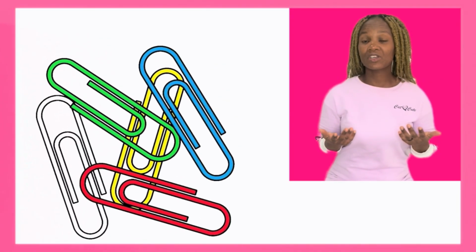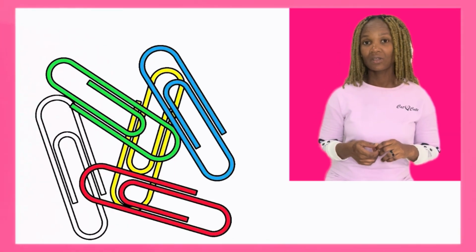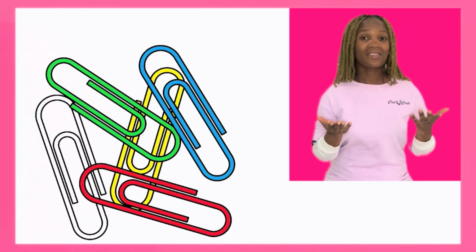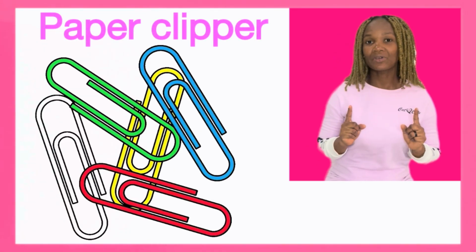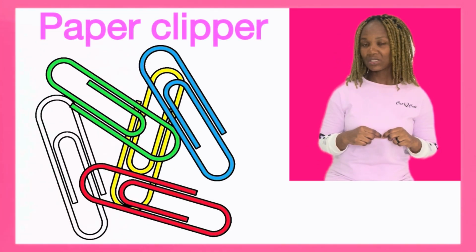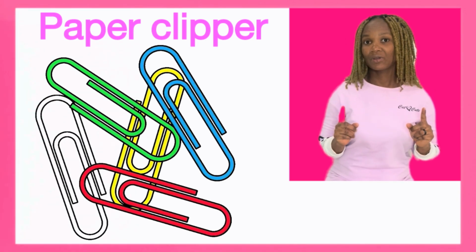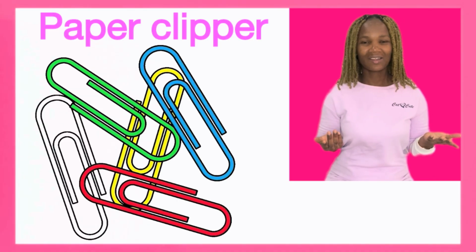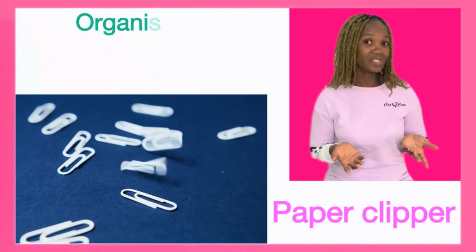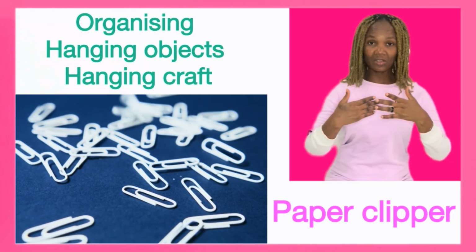Have you ever chanced upon this object in your classroom? Well, this object is called paper clipper. Can you pronounce it with me? Paper clipper. What do we use a paper clipper for? Well, this object is used for organizing our documents.